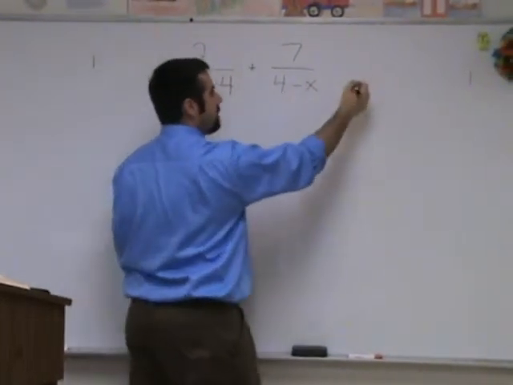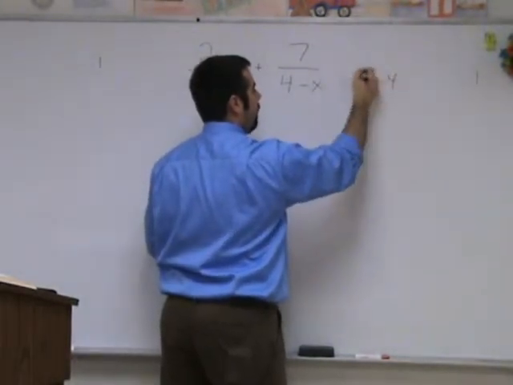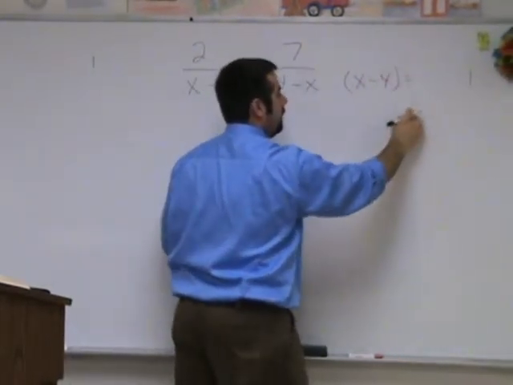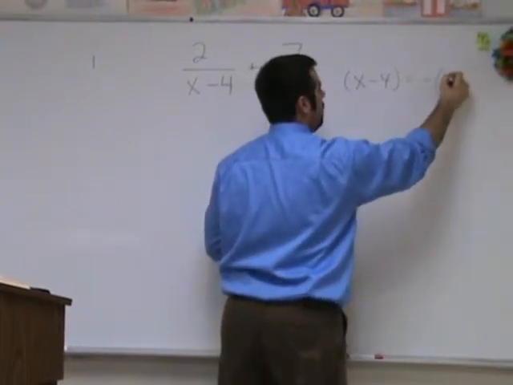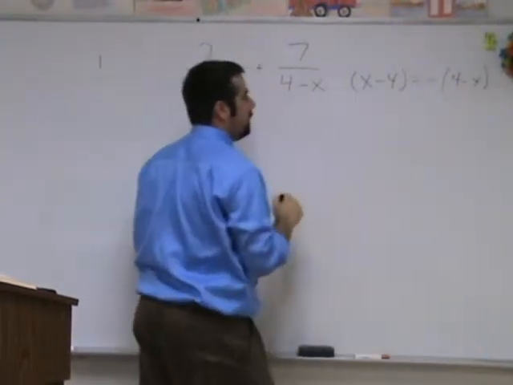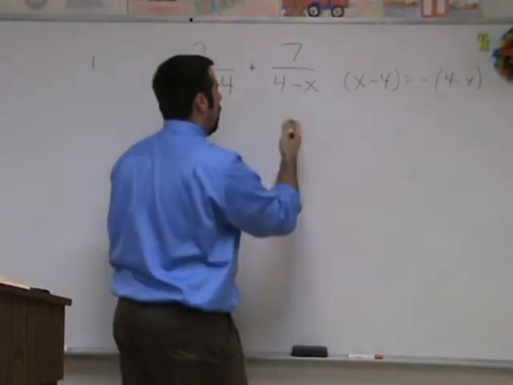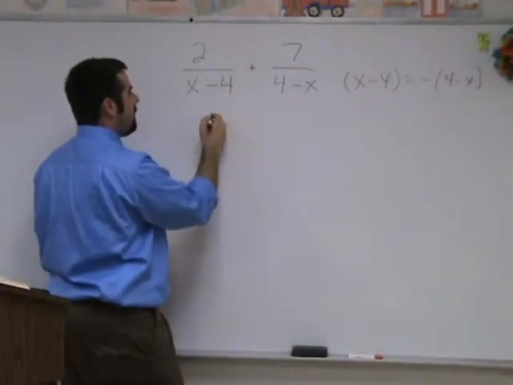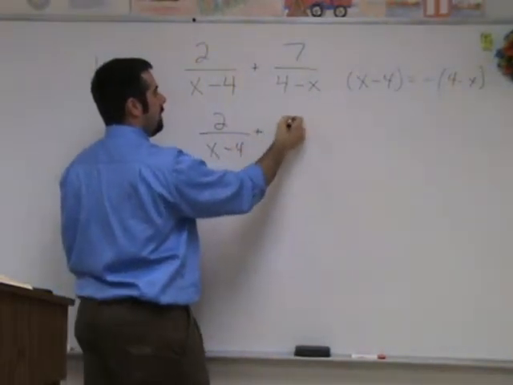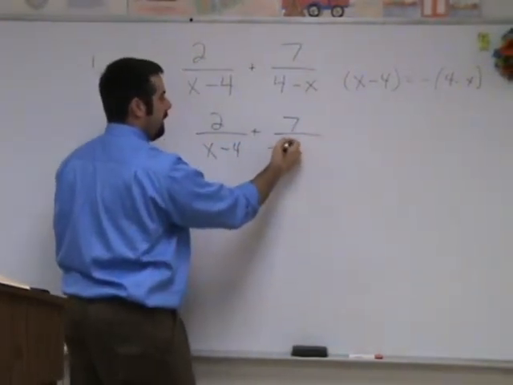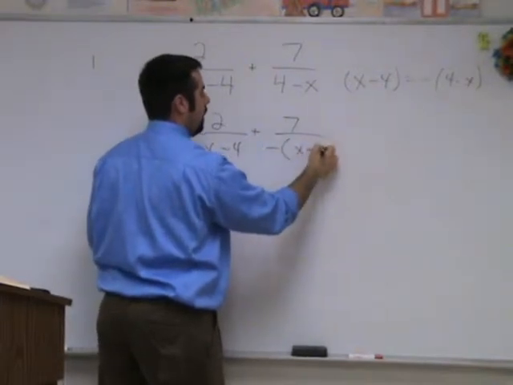So in other words, x minus 4 is equal to the negative of 4 minus x. Or in other words, if I rewrite this, the opposite of x minus 4.